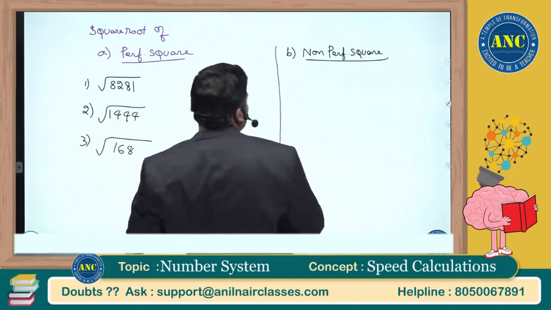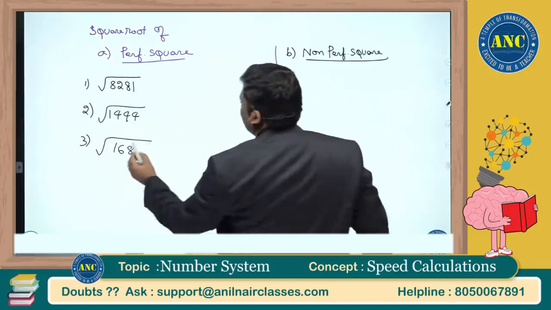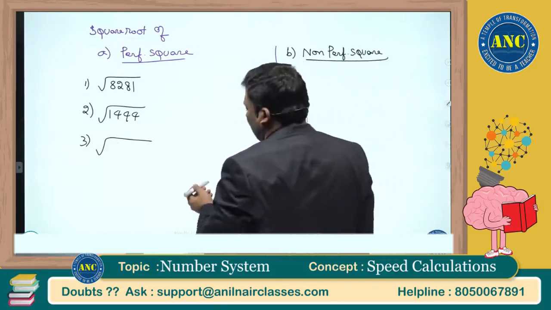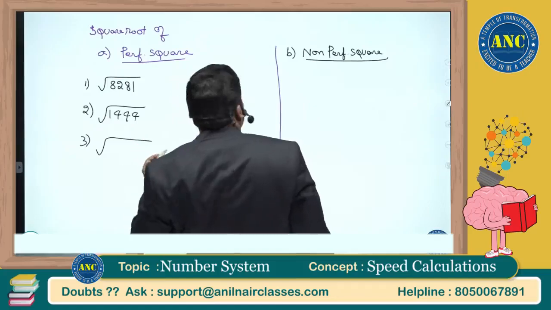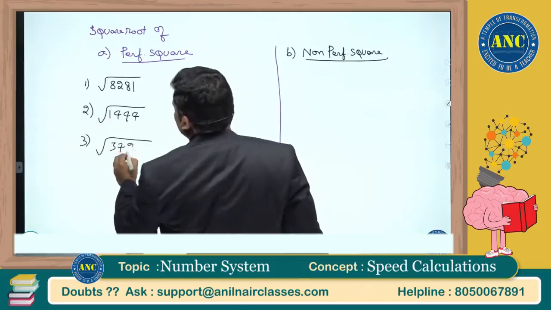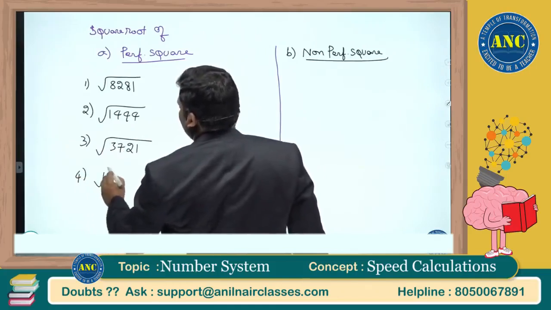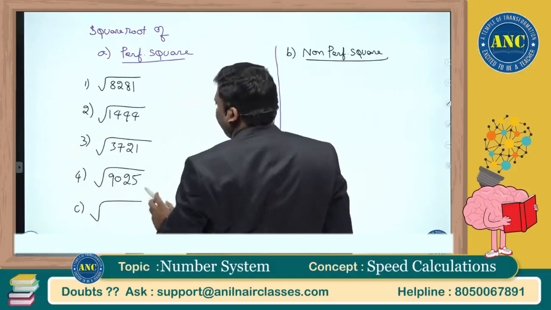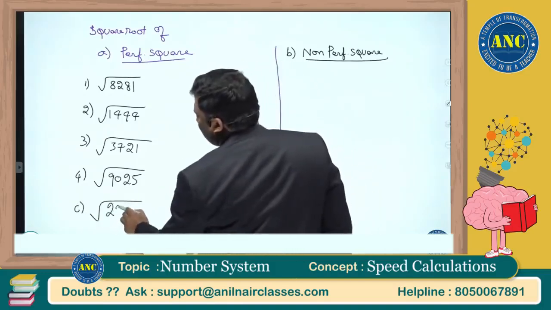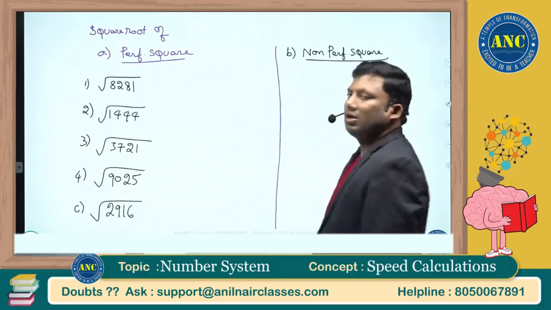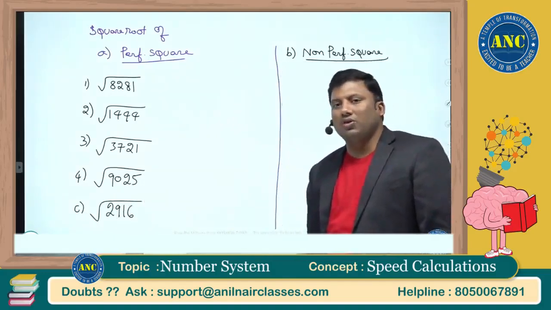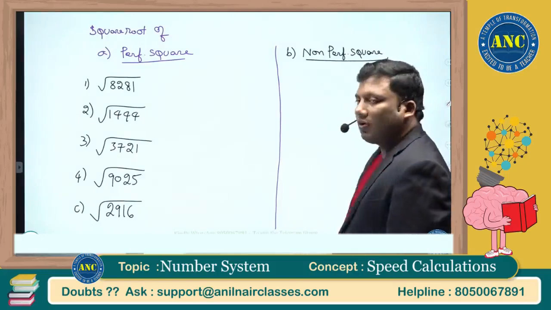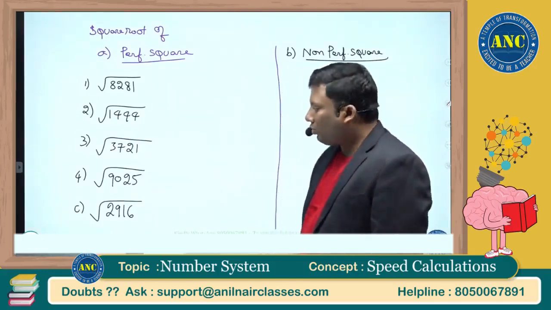Let me take some other numbers. Square root of 3721, square root of 9025, square root of 2916.